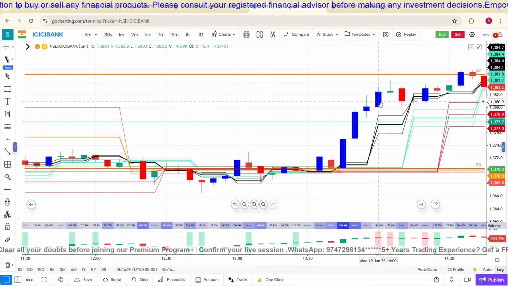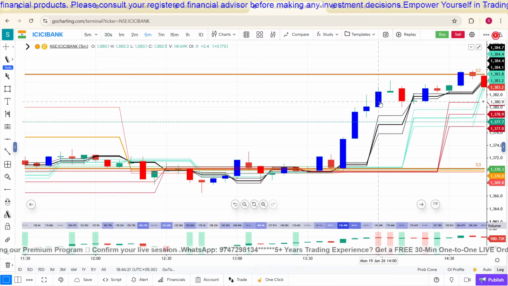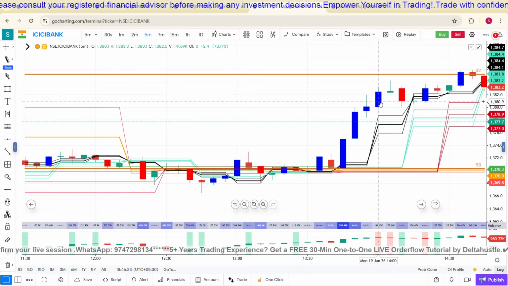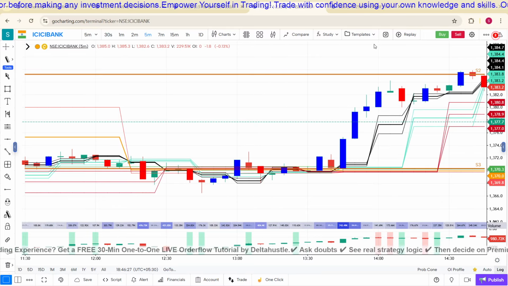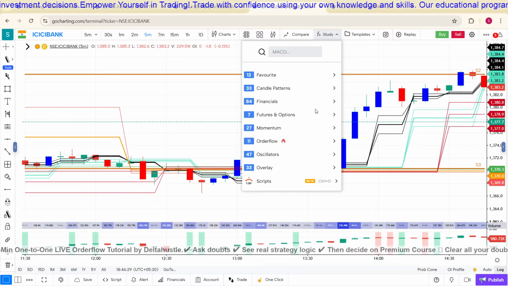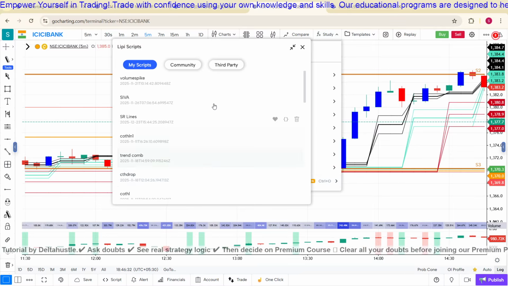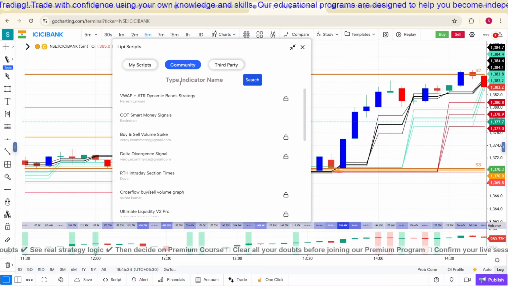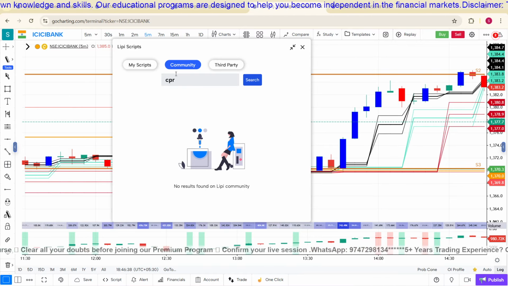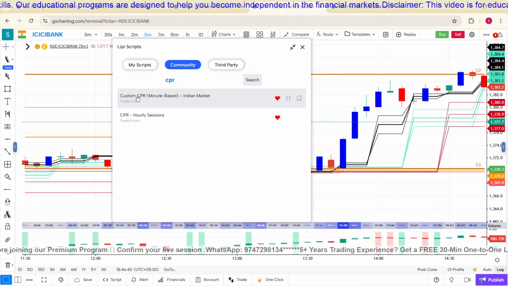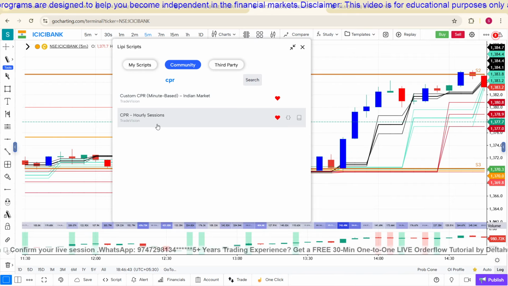And that is the way by which these different time frames, that is dynamic CPR, are to be analyzed. In GoCharting, if you go to effects study and go to scripts, community scripts, type the indicator name, CPR, you will get a community script developed by Trade Vision.